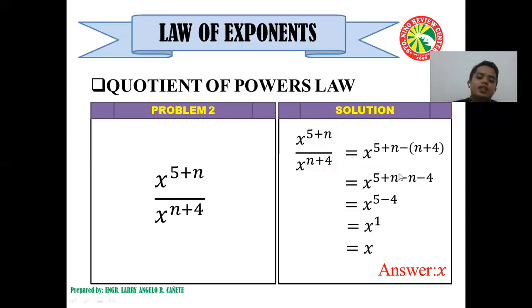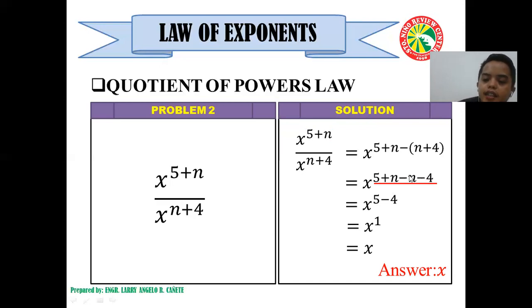So this is 5 plus n, which is the exponent of the numerator, minus the exponent of the denominator. So we have a negative 1 outside here. So the negative is being distributed to the inside of the parentheses. That's why we have here minus n minus 4. So simplifying further, 5 plus n minus n minus 4.